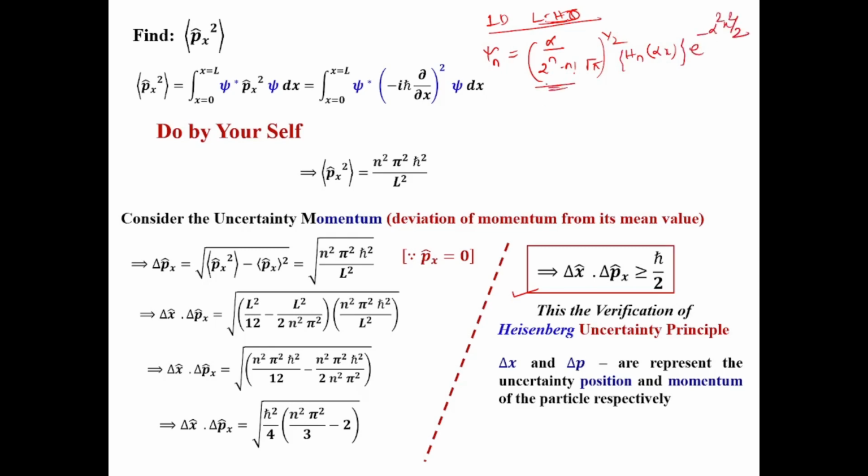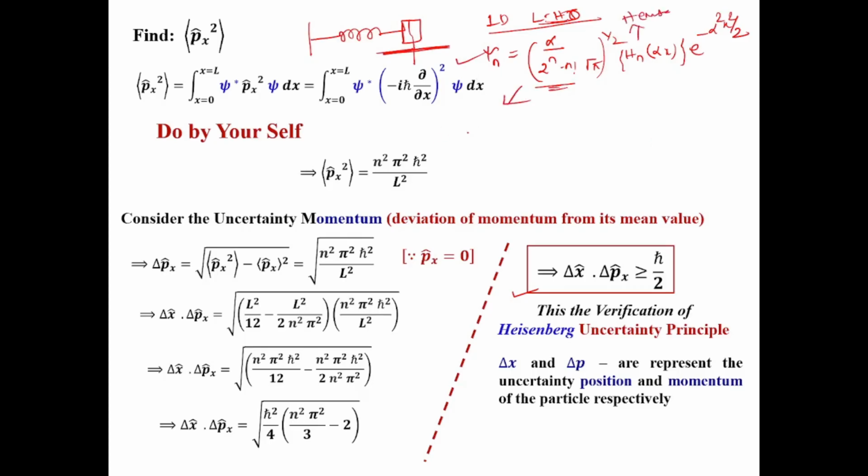This is the normalized wave function of a linear harmonic oscillator, which oscillates about its mean position, and here H n is the Hermite polynomial.